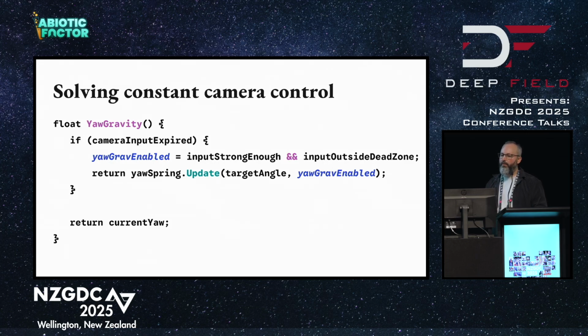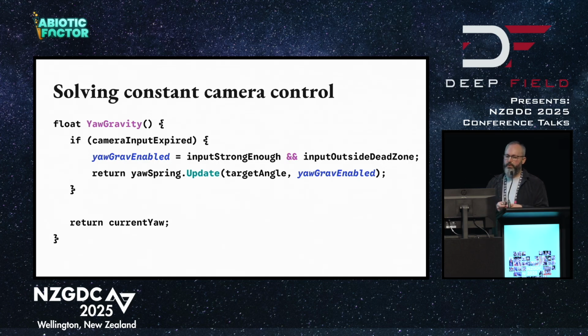The only case we haven't talked about is when the camera input has expired, but the input isn't strong enough. This is a situation where the player has been moving and the input has been strong enough and they haven't been controlling the camera, but then they let go.